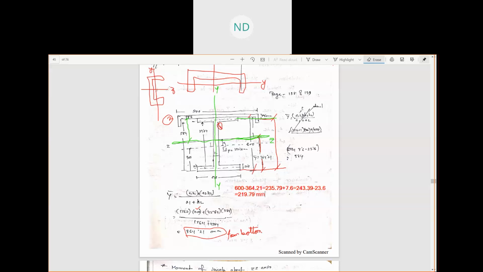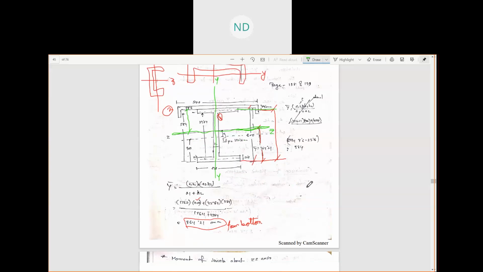Understood this? The CG distance between these two green lines is how much? The total 600 minus the CG of the built-up member will give you this, plus 7.6, minus 23.6 will give you this distance.